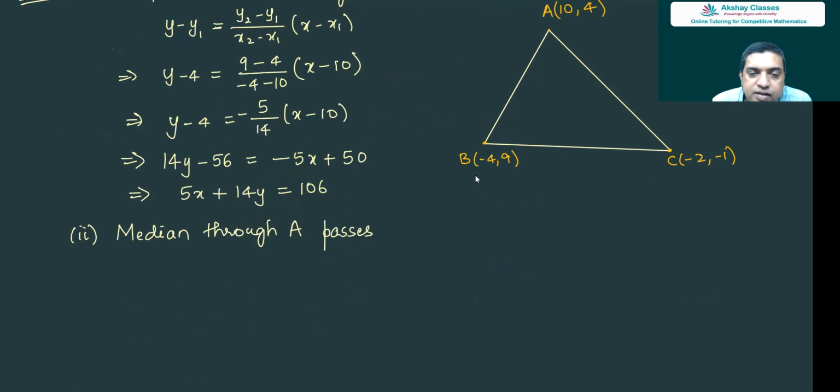To find the equation of a line, we need two conditions. One condition is that it passes through A. Now, the second condition: it passes through the midpoint of BC, very good.